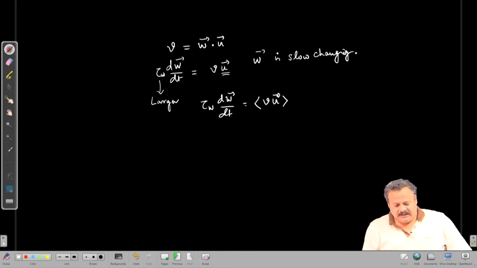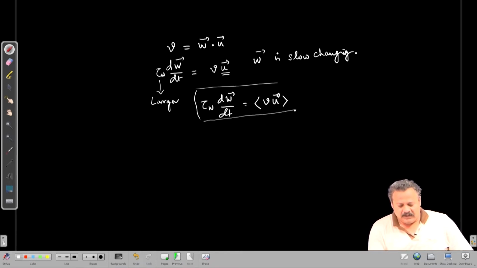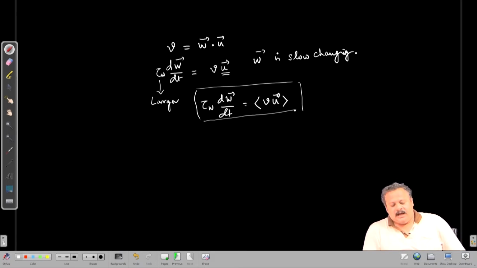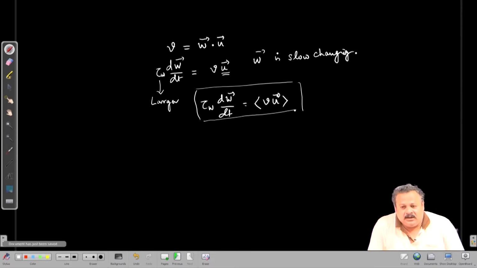So, with this as our learning rule, we have the average of V times U driving our weight change. The larger the correlation, or the larger the product value of V and U, the larger is the increase in W. So, what are the consequences of such a learning rule?